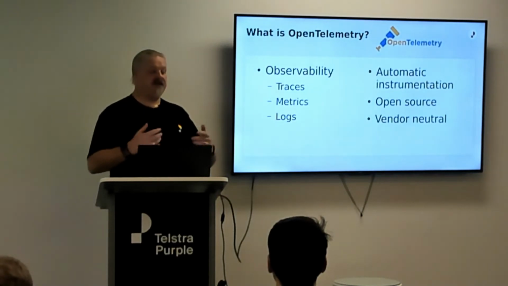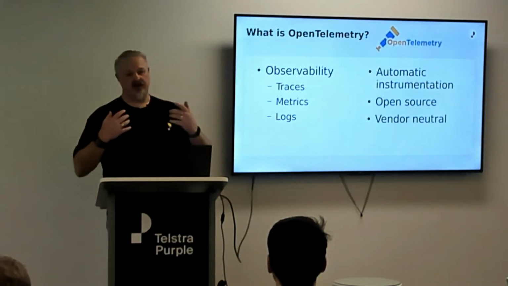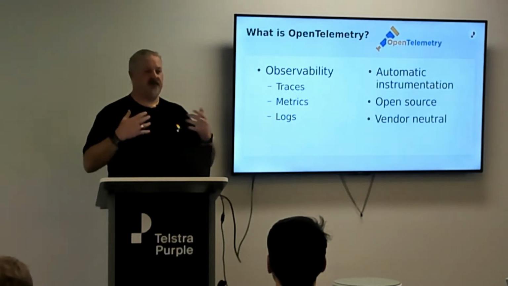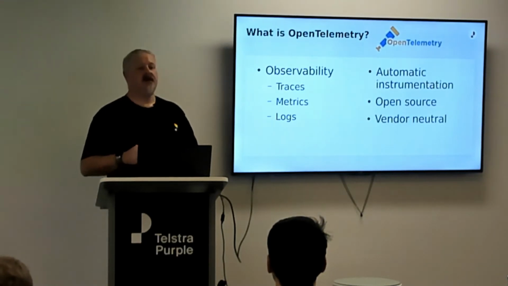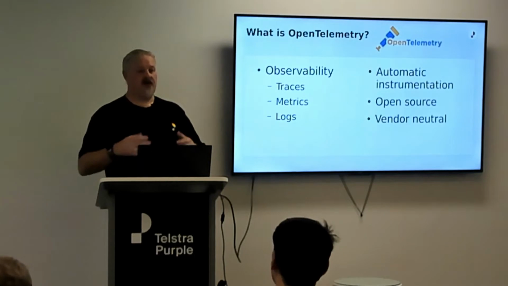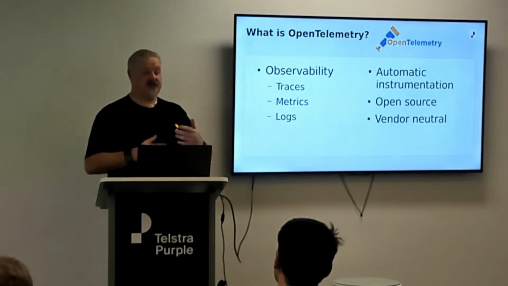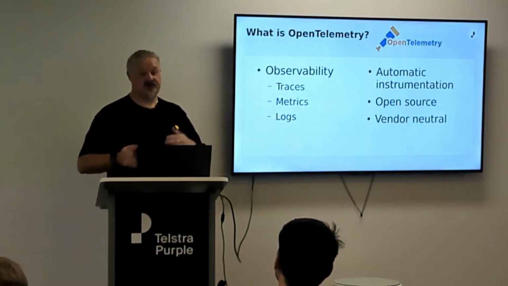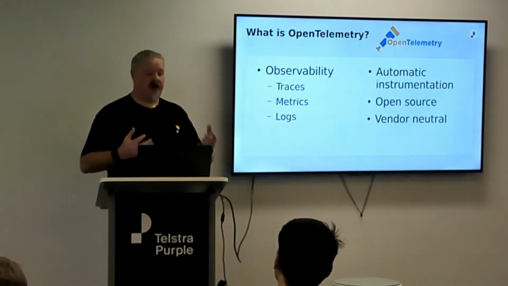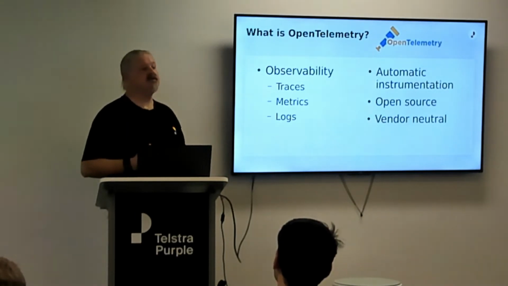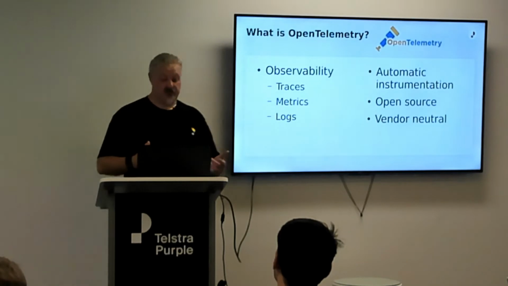Some of the benefits of it is automatic instrumentation. So when you add things in like a SQL or a message bus or HTTP clients, you don't need to do anything. It adds the instrumentation for you. So you don't need to change your code to get this rich data coming out of it. It's open source and it's vendor neutral.